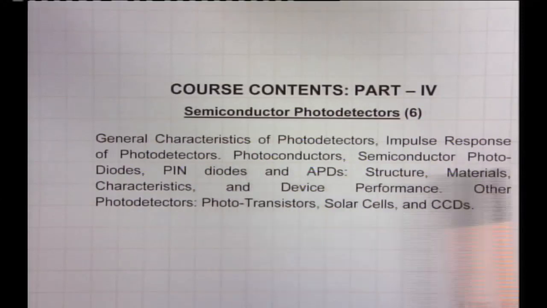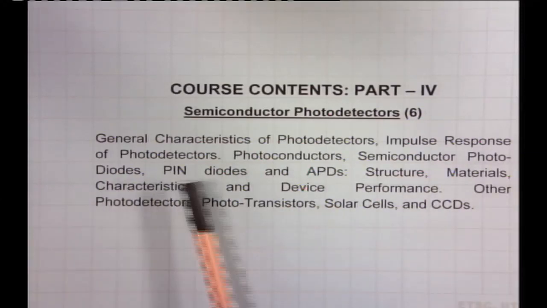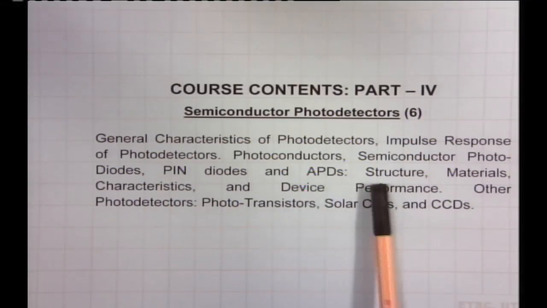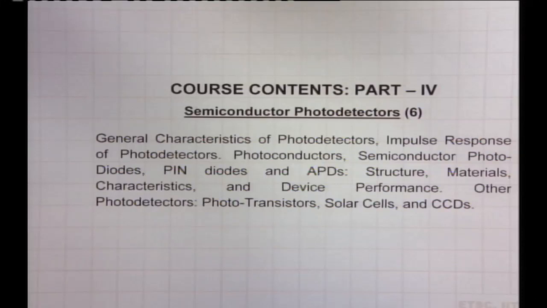We go to semiconductor photodiodes, two important configurations being pin diodes and avalanche photodiodes or APDs, their structure, materials, characteristics and device performance. We briefly discuss other photodetectors such as phototransistors, solar cells and CCDs.